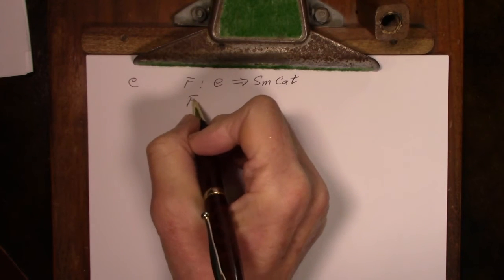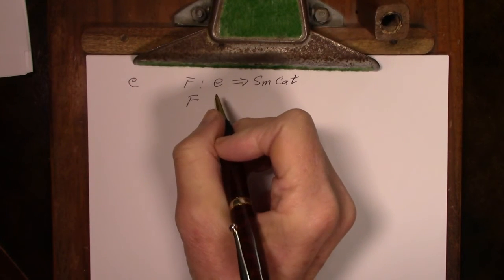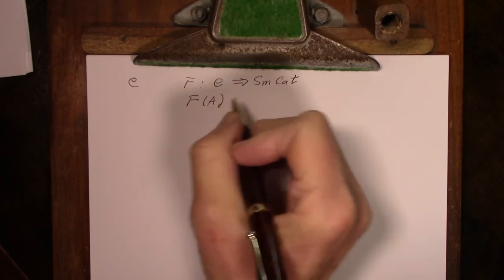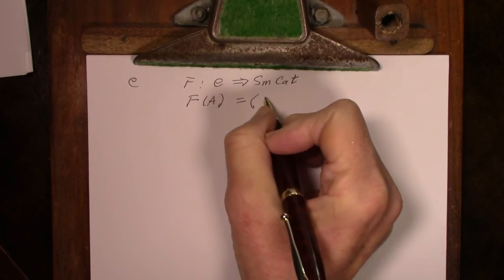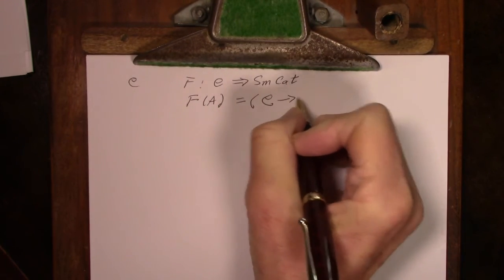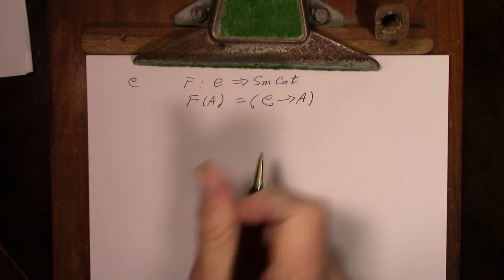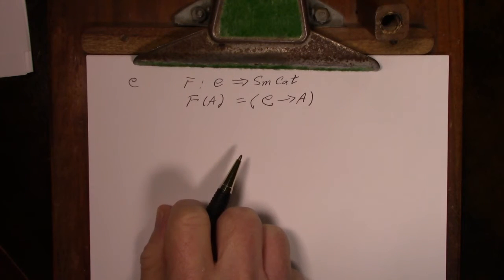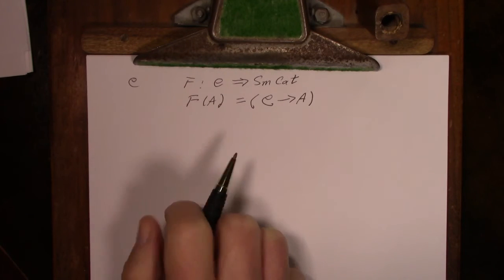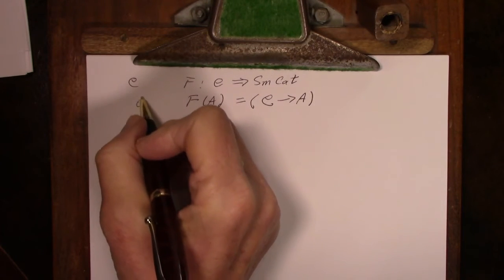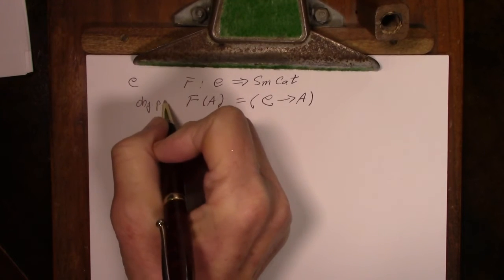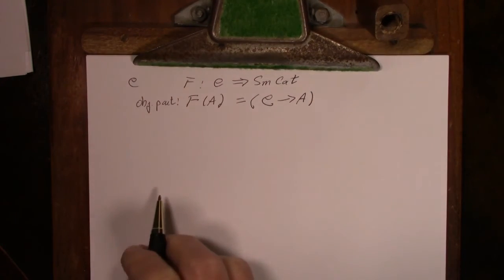And F takes an object A to the comma category of all arrows entering A. So that's the object part of the functor.